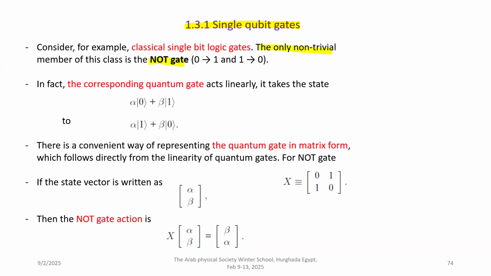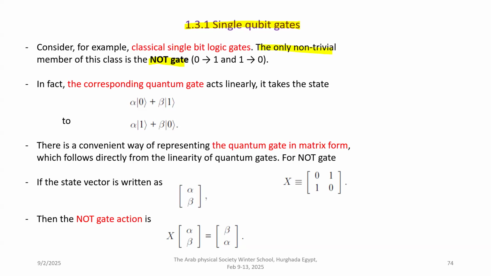So if you have a classical gate on an ordinary computer, there is something called the NOT gate. What it does is basically flip your bit. If it is 0, it's going to be 1. If it's 1, it's going to be 0. Now, what is the corresponding gate in the quantum case?